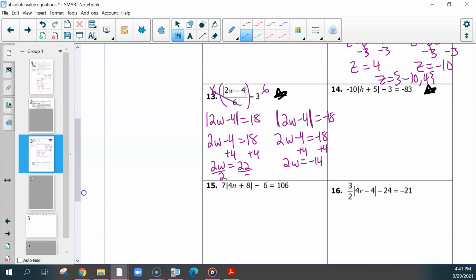Divide both sides by 2. So we have w equals 11 and w equals negative 7. So our solution set would be negative 7, 11.